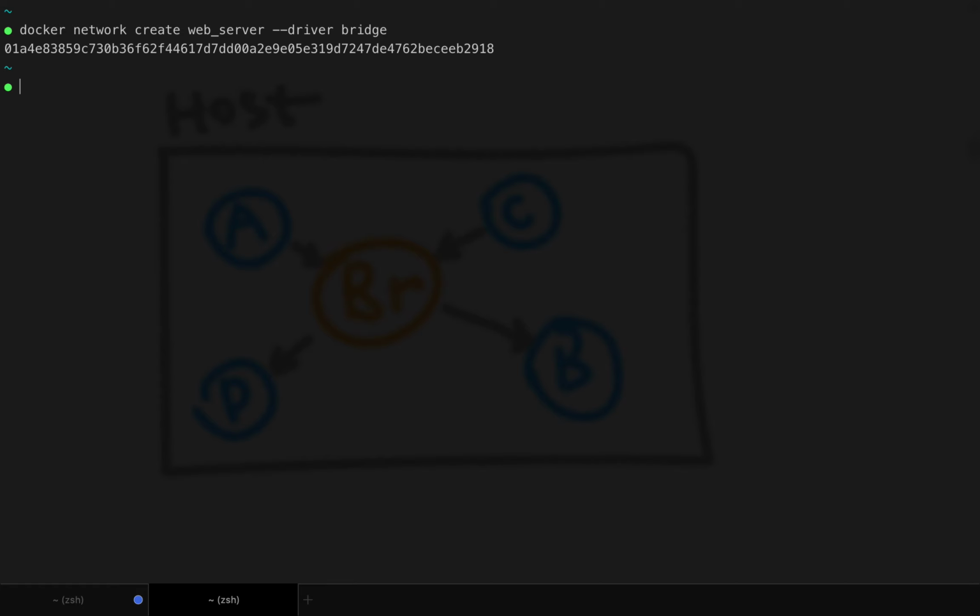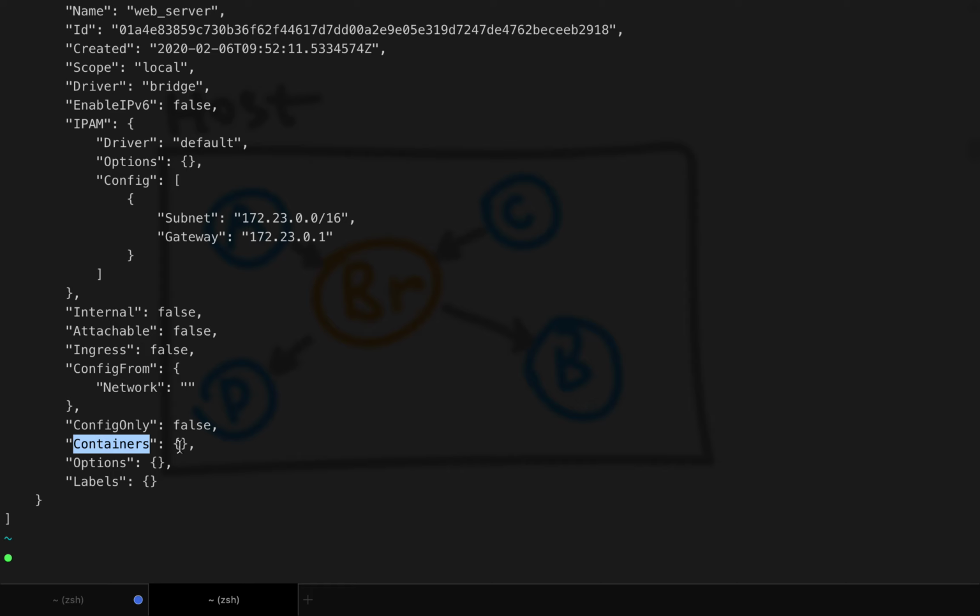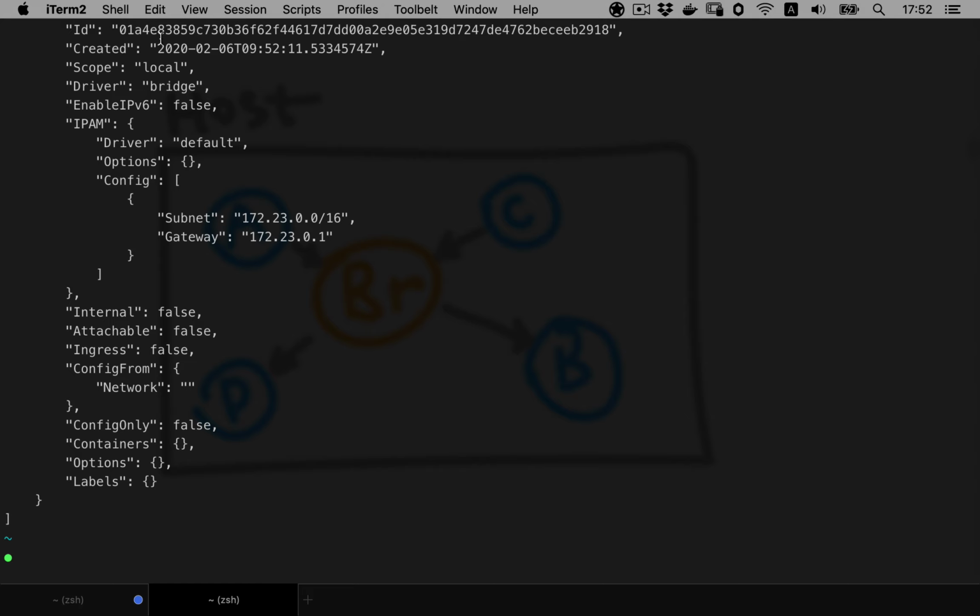It will return you a network ID. So we can inspect this network to see how many containers are currently using it. Docker inspect this ID or the network name, it's the same thing, web server. And you can see no container is currently using this network web server.